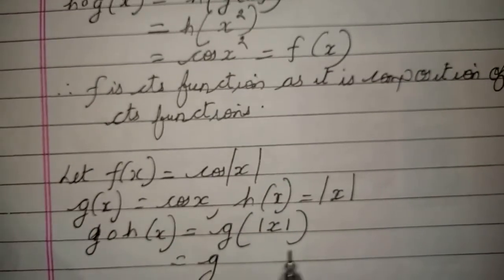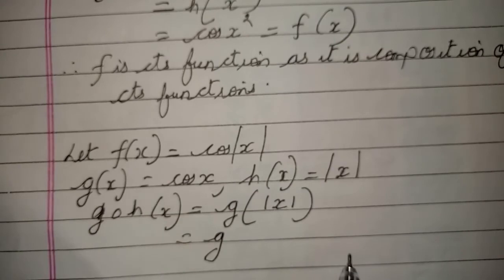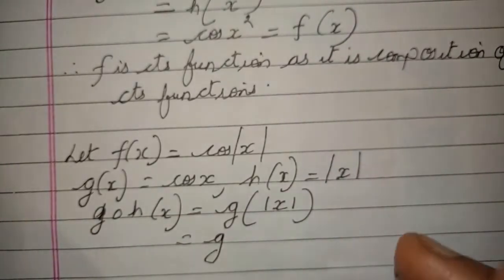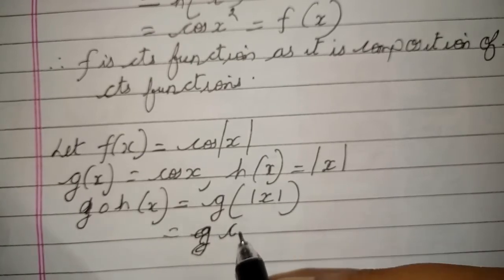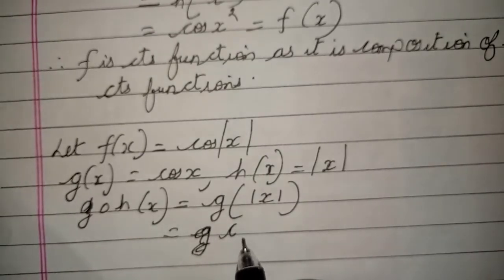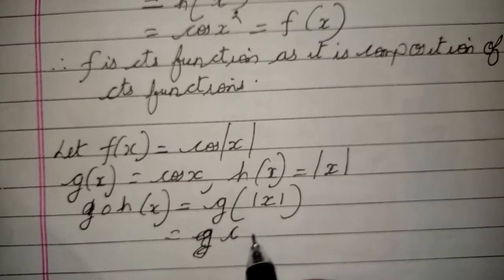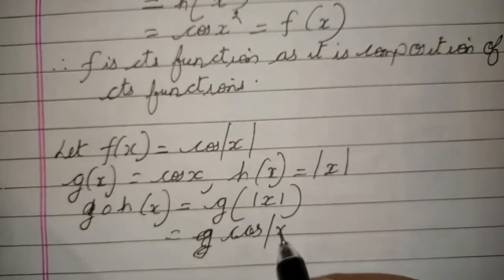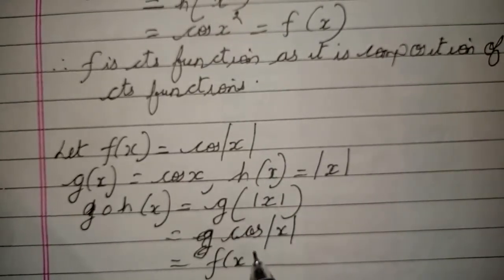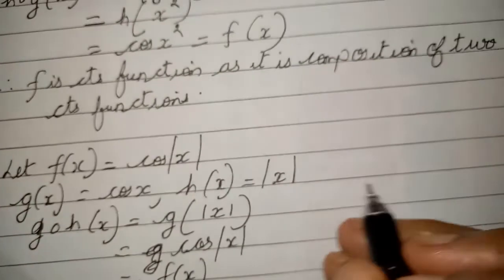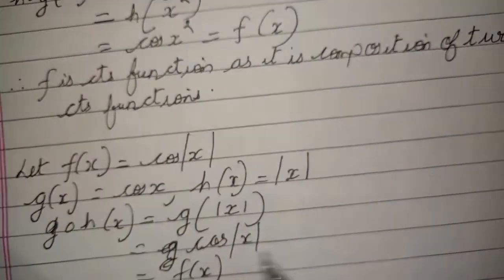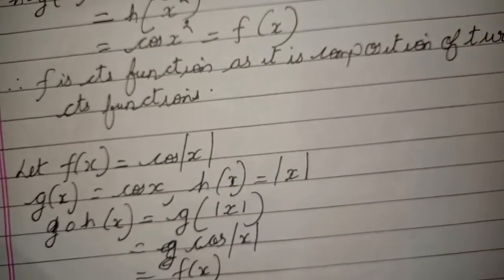Now see, children, because of this choice, what happened? I changed the question. No problem. So I can say this is the same as f of x. Therefore, f is continuous, because modulus and cos x are continuous functions, as it is a composition of two continuous functions.